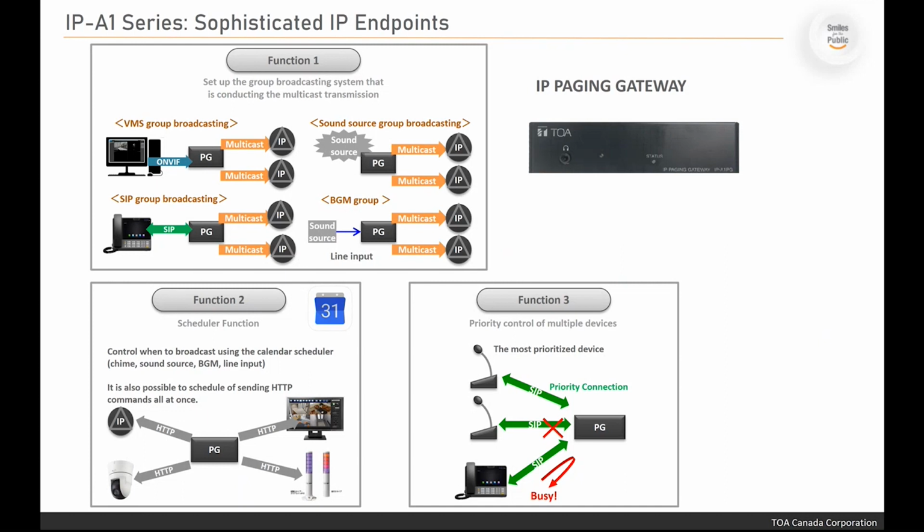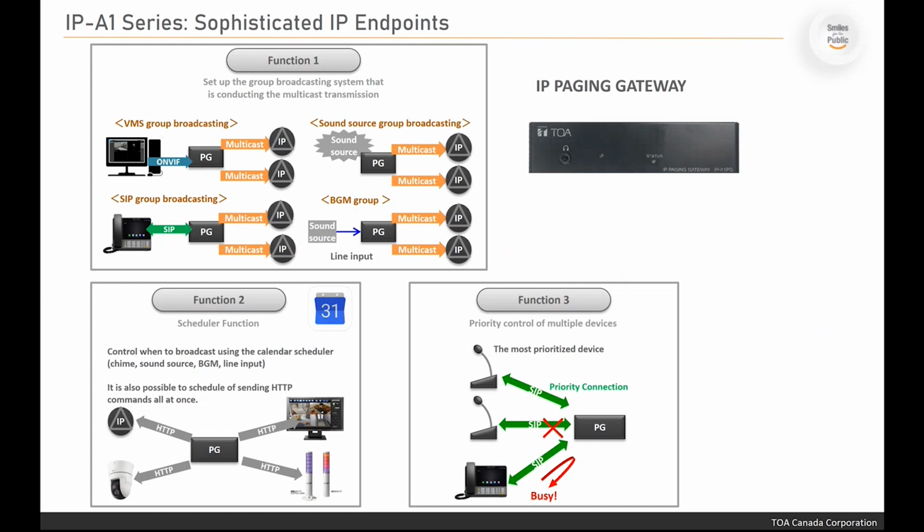Additional to that, it has a built-in sound source file storage, and it has a sound source line input. So all these sources can be broadcast using the multicast that this paging gateway can do.